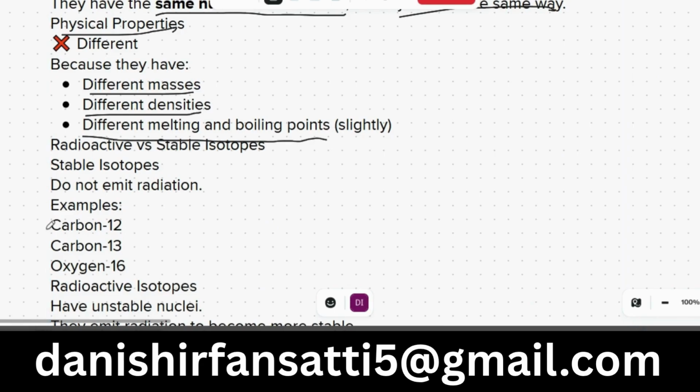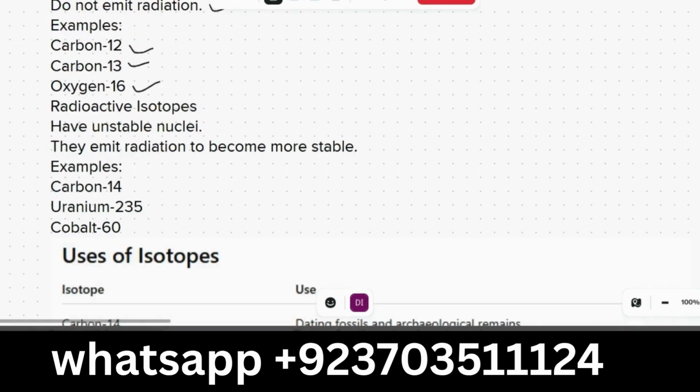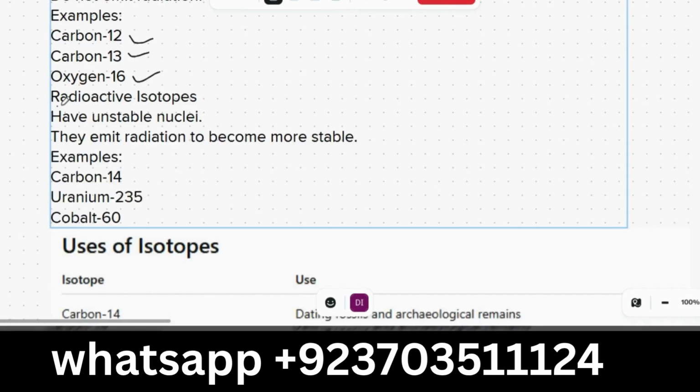There are two types of isotopes. One is stable and the other is radioactive. What are stable isotopes? They don't emit radiation. For example, carbon 12, carbon 13, oxygen 16. Whereas radioactive isotopes have unstable nuclei.